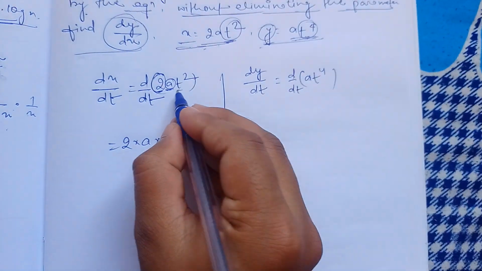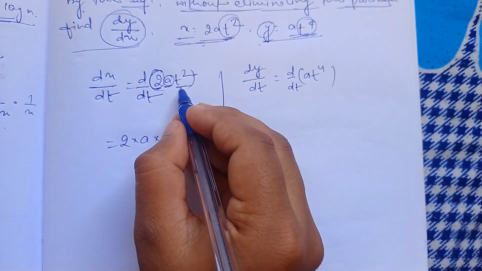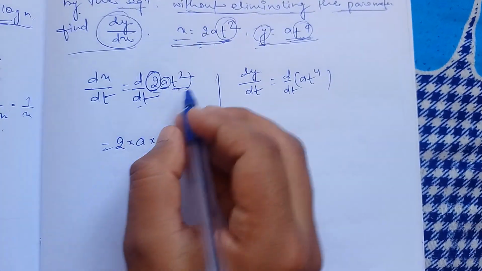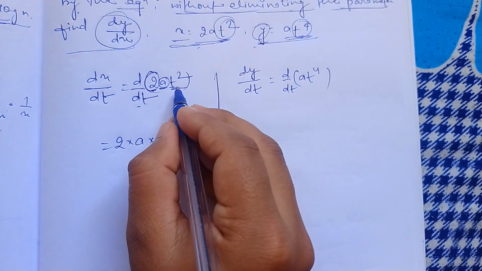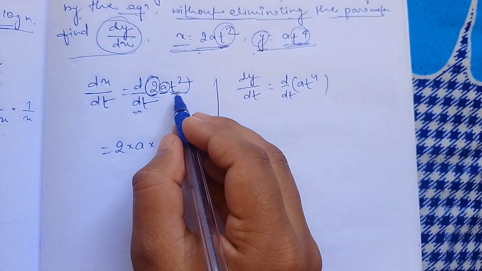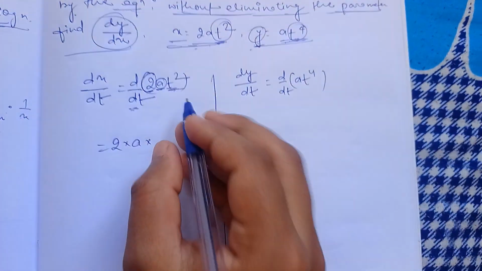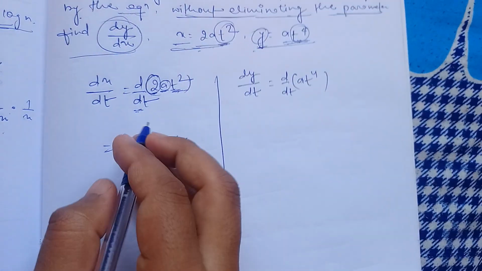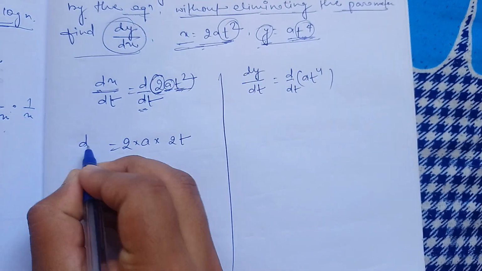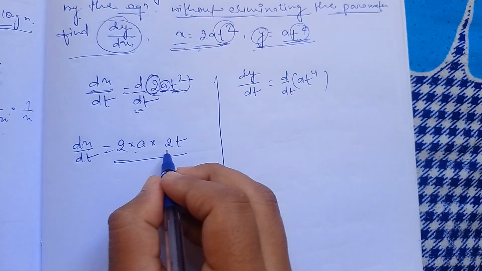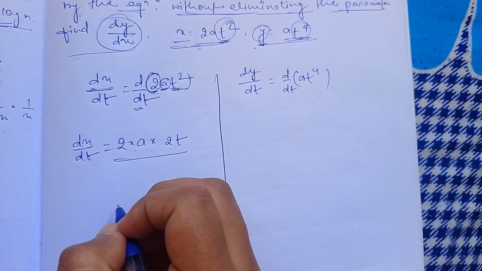Now t squared is the variable, and we are differentiating t squared with respect to t. The differentiation of t squared is 2t. Then the differentiation of x with respect to t is 2a into 2t.